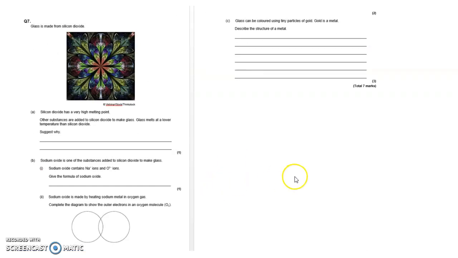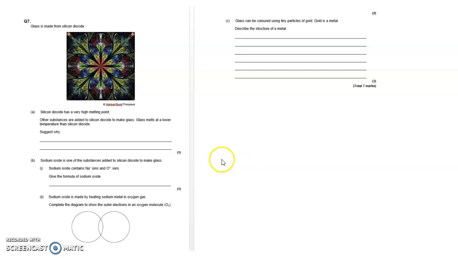Alright, finally, we've got a fact that glass is made from silicon dioxide at the start of question 7. A fact that silicon dioxide has a very high melting point that we should already be happy with. It's a giant covalent structure, lots and lots of very strong bonds holding the silicon and the oxygen together.